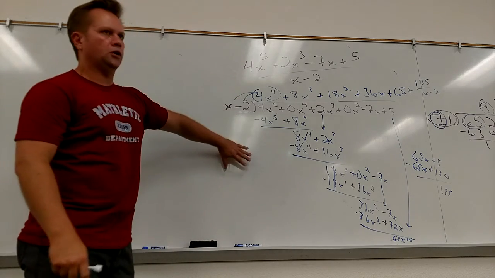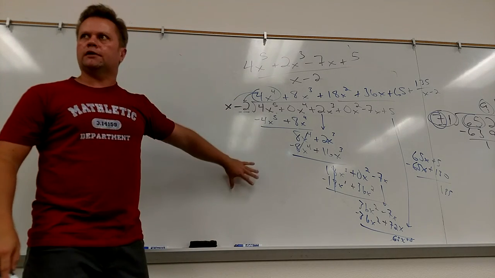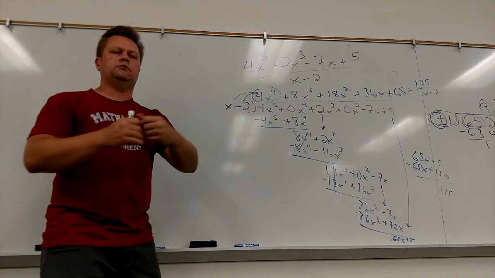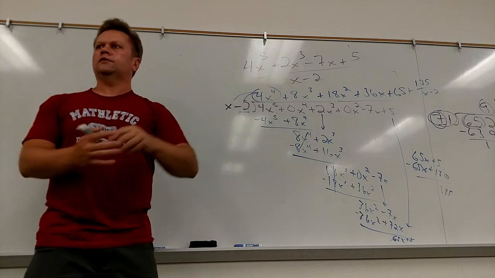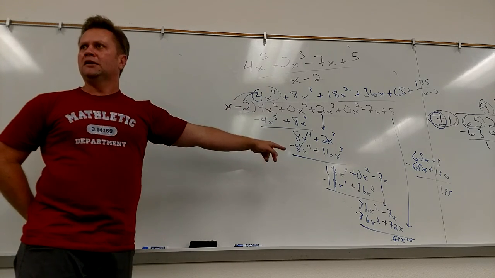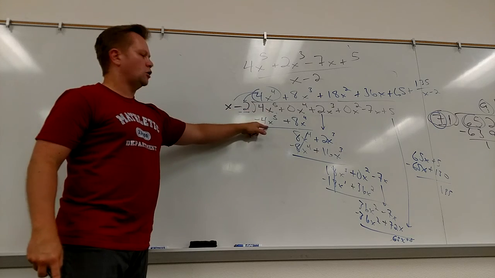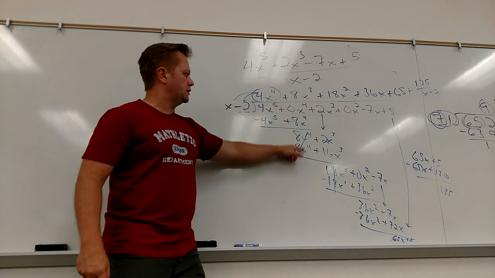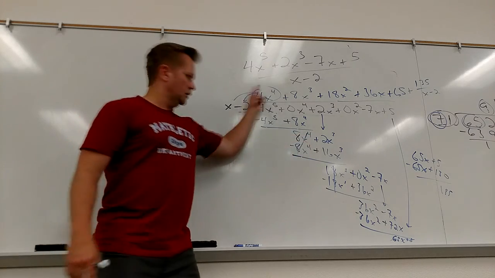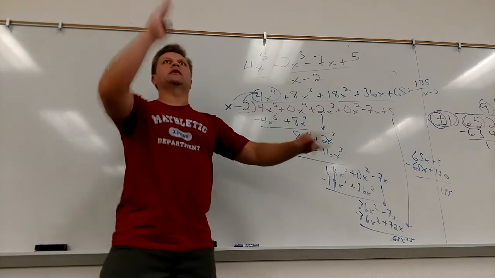Here's a problem we did earlier that's really disgusting, and I want to point out why we wanted to make a new way to do this. I've got a lot written up here that's really unnecessary, because what's going to happen every single time is they are going to cancel. But this process requires me to write them so I can see them cancel.